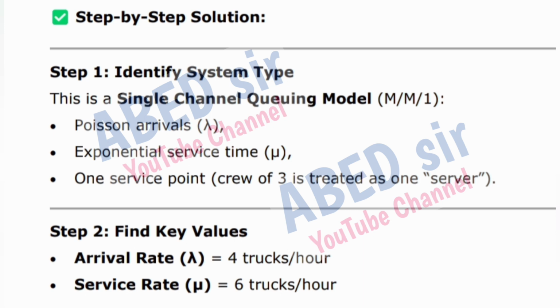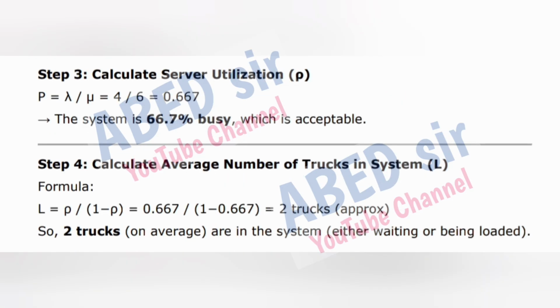Arrival rate, lambda, is equal to 4 trucks/hr. Service rate, mu, is equal to 6 trucks/hr. Step 3. Calculate server utilization, rho. Rho is equal to lambda/mu is equal to 4/6 is equal to 0.667. The system is 66.7% busy, which is acceptable.